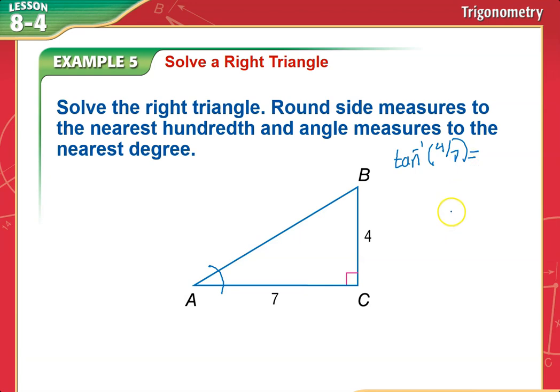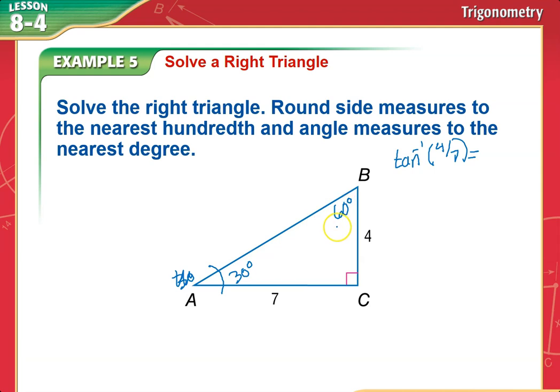So let's do that. I have inverse tangent in my calculator, 4 divided by 7, as the ratio, and I get 29.7. Now it does say round angle measure to the nearest degree, so that would be 30 degrees. If we call that 30 degrees, then this obviously has to be 60.